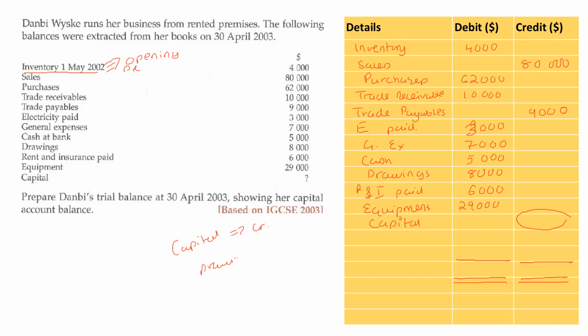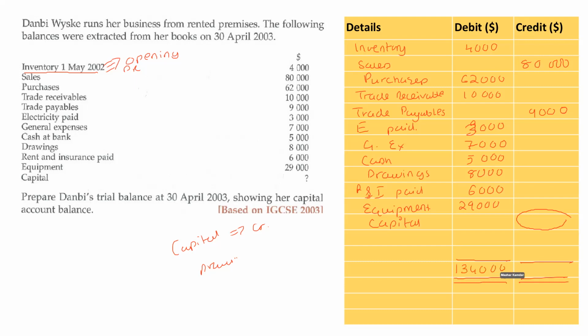So I say 4,000 plus 62,000, I'm doing the total of the debit, plus 10,000 plus 3,000 plus 7,000 plus 5,000 plus 8,000 plus 6,000 plus 29,000 is giving me a total of 1,34,000.